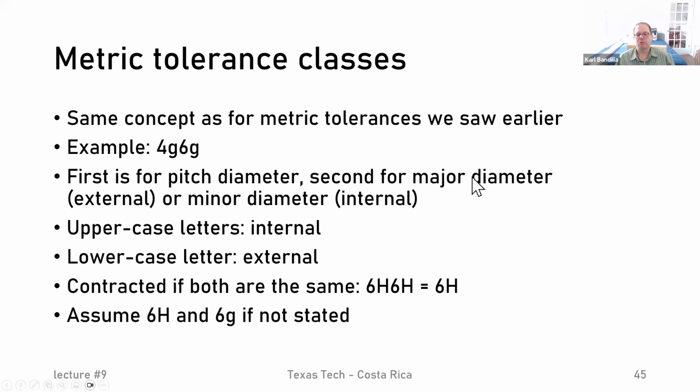Now, why do we do major and minor differently for these two when we think about the tolerances? Think about the external one, right? If I cut through it and wanted to measure something, how would I measure the minor diameter on an external thread? Be very difficult to do, right? Because I can't use a caliper to go from one bottom to the other bottom because they're going to be at an angle.